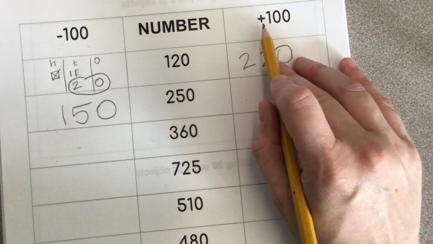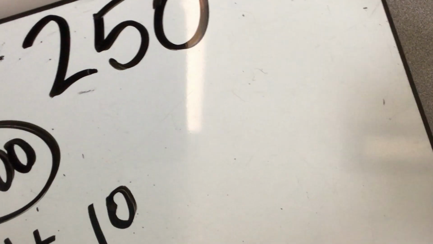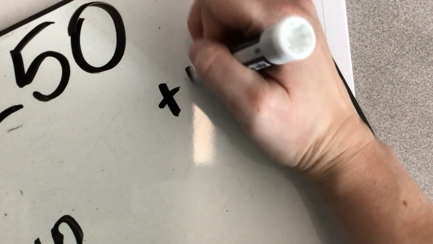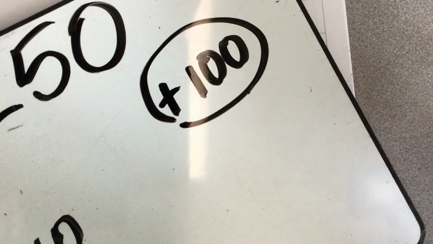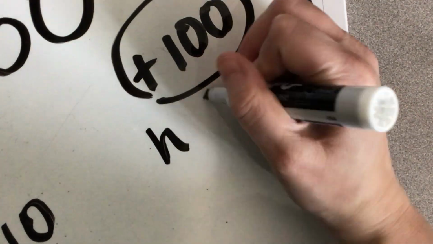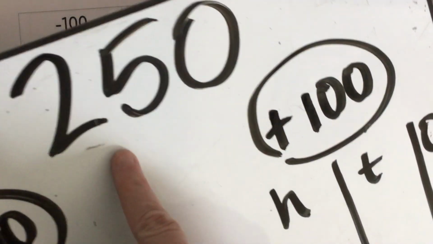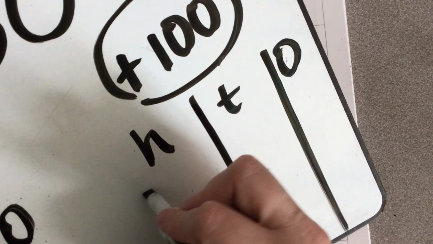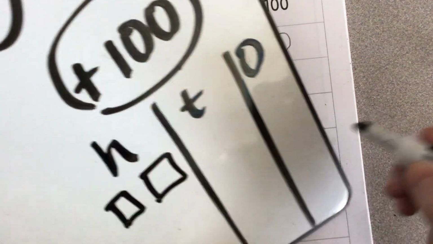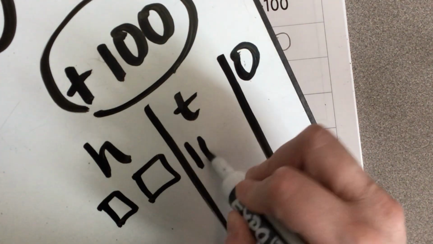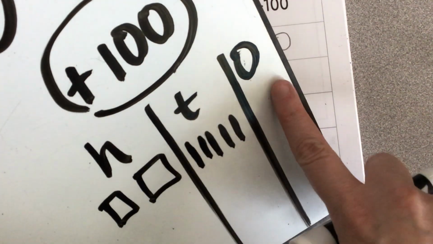Okay? Now let's go over to this side. Now I'm working with 100 more. So I'm going back to that original number, 250. But this time I'm going to add 100. Okay? So I'm going to draw my place value chart. Okay? Now I'm going to draw 250. 2 hundreds, 5 tens, and then 0 ones.